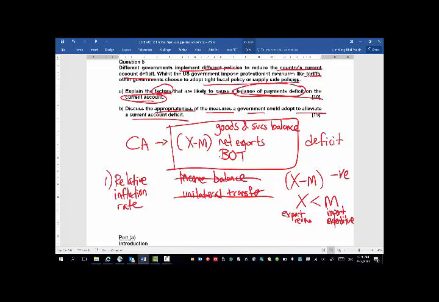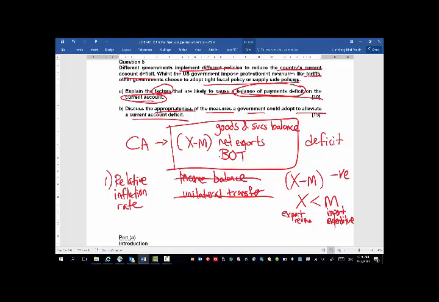So the case whereby you have higher relative inflation rate. When you have higher relative inflation rate, this means that your price of exports become less price competitive, and that's why your export revenue is likely to decrease.